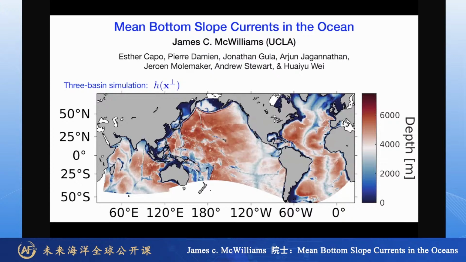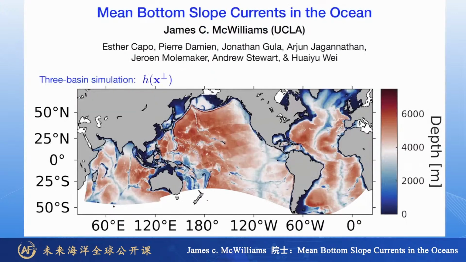The topography, of course, is quite complex: continental slopes, mid-ocean ridges, fault lines, deep canyons, deep trenches, and it is in all these places that I want to talk about the time mean circulation.